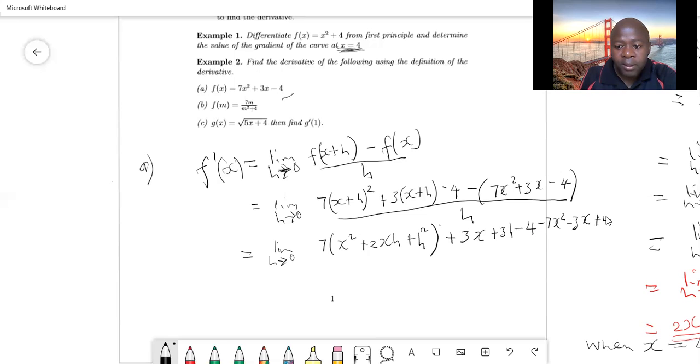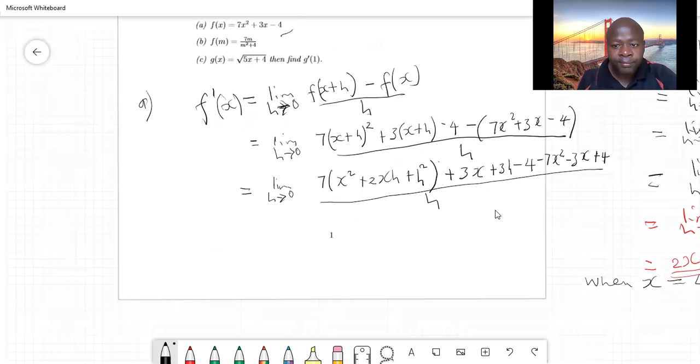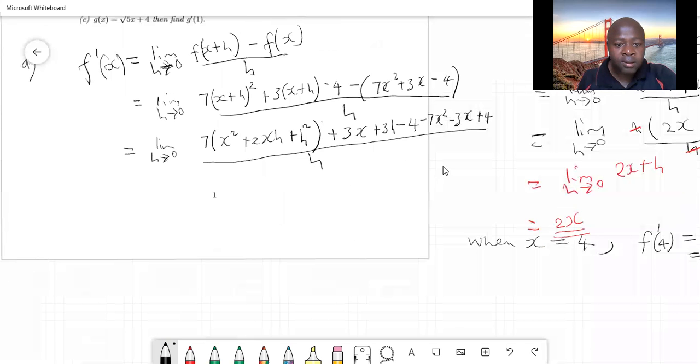What I've just done is I've multiplied by this minus inside the bracket, and so you get 7x squared minus, and then minus 3x, then plus 4, over h. So let's continue simplifying and see what we get.